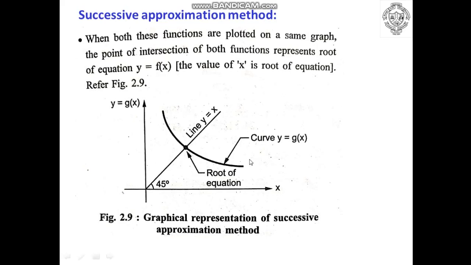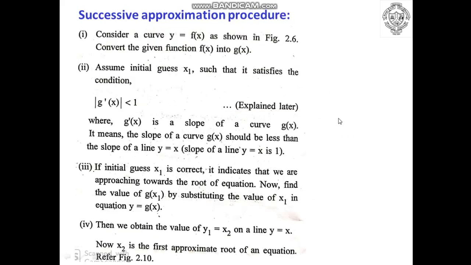With respect to this graphical presentation, we will try to understand how to assume an initial guess and approach towards the exact root. I will explain the procedure one by one.